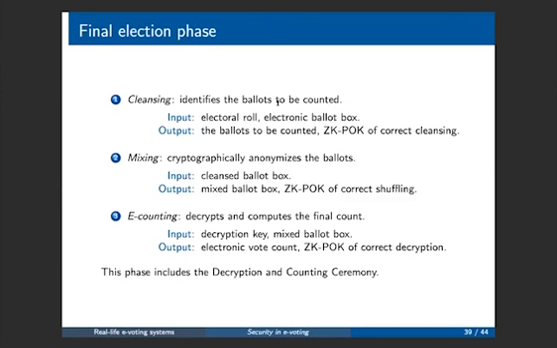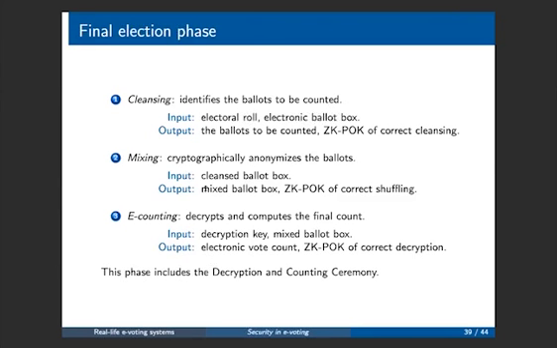If people were voting more than once, but then on the election day they went and voted physically at the polling station, then that paper ballot was the one that counted. So all this was taken into account in this first step of cleansing. It's really identifying which are the ballots that need to be counted and discarding the rest from the same citizen, of course.